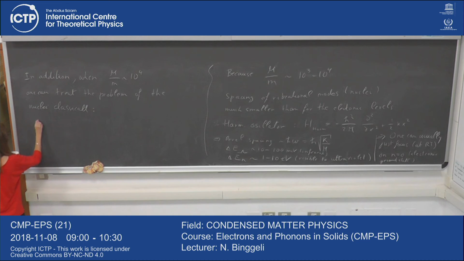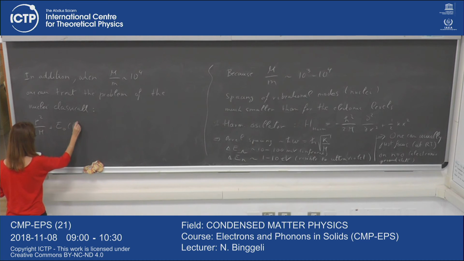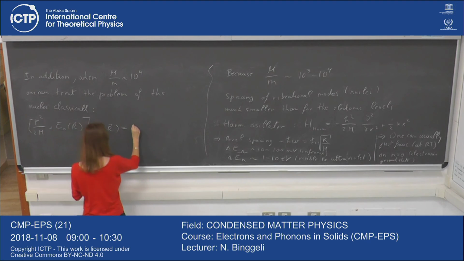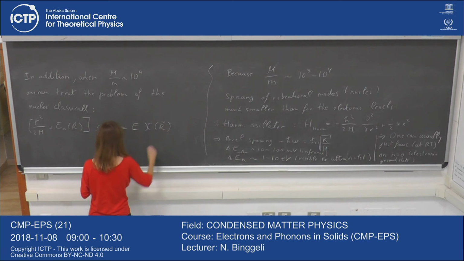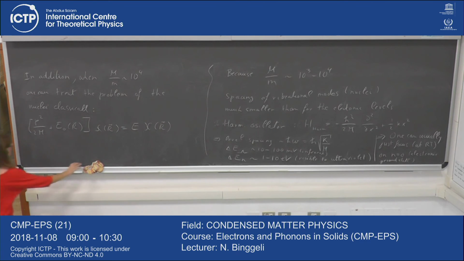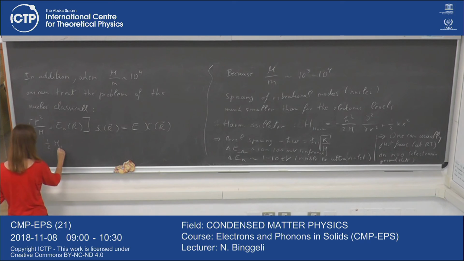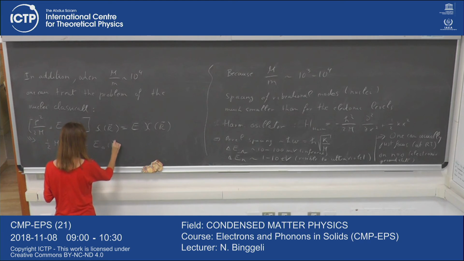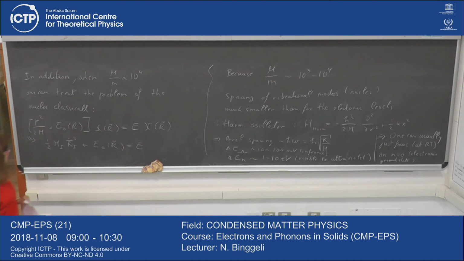So in this case, the equation that was for the nuclei, P squared over 2 capital M plus E0 of R, this equation classically becomes 1/2 the mass of the nucleus times its velocity squared plus E0 of R is equal to the energy.